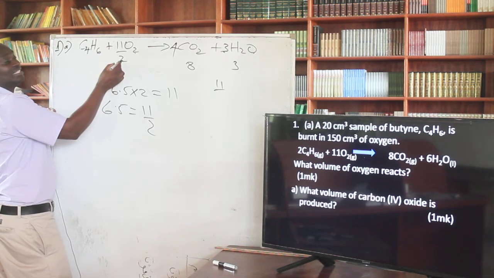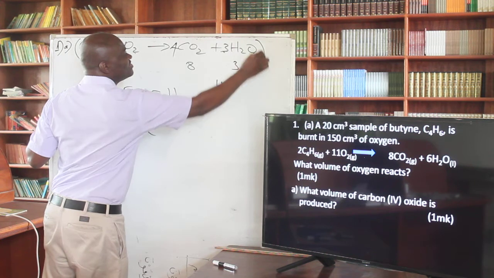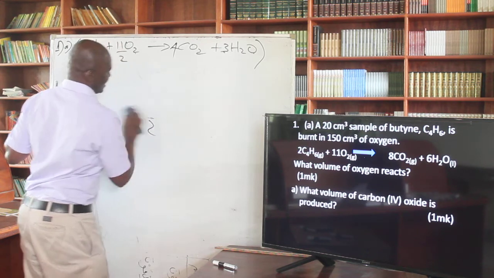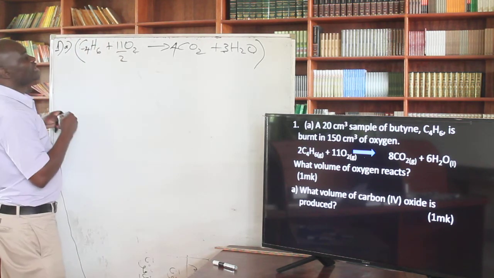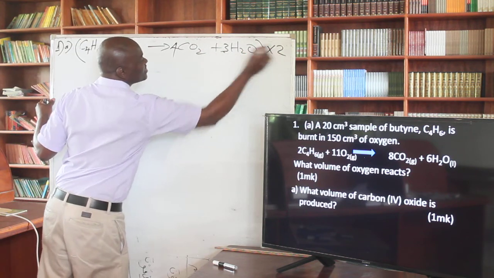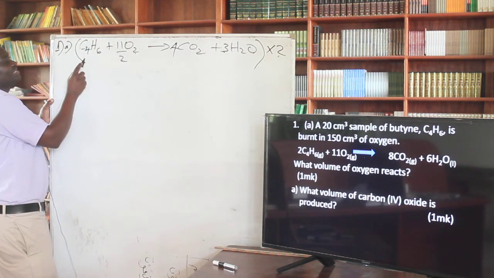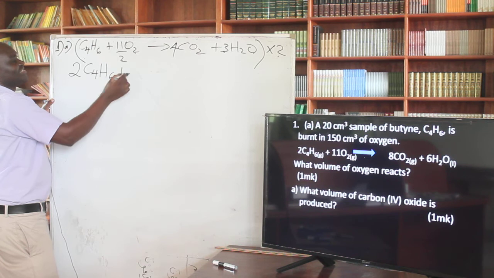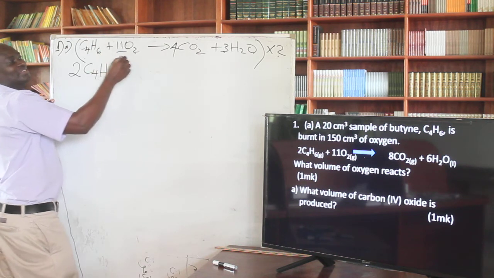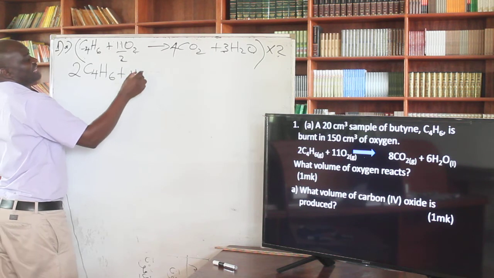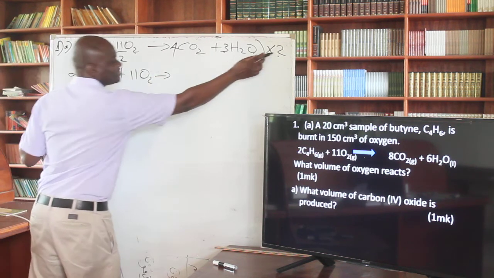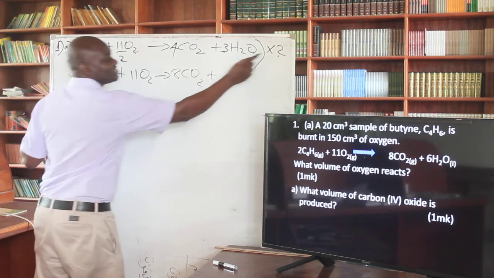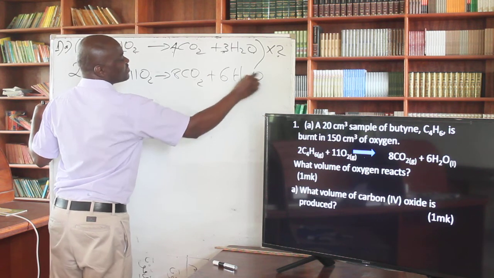Then we remove the denominator. To remove the denominator, you multiply everything by the denominator, which is 2. So 2 times butane gives 2 butane, 11 over 2 times 2 leaves 11 O2, 2 times 4 gives 8 CO2, and 2 times 6 gives 12 H2O.